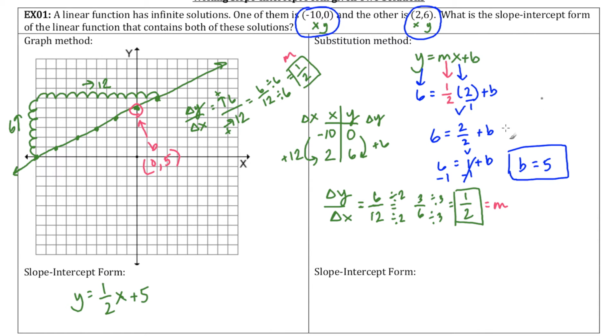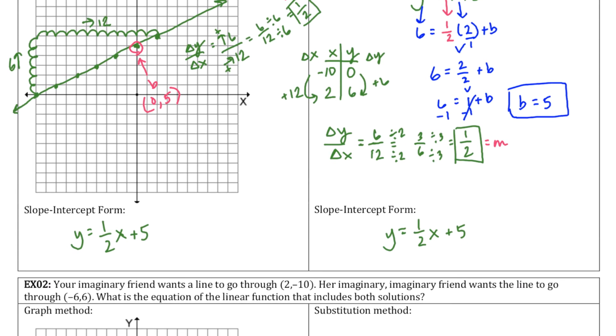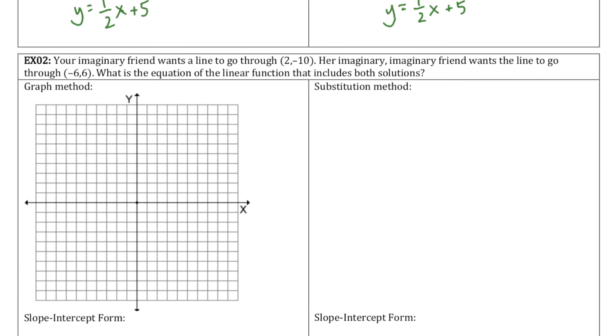So our equation ends up being y equals 1/2 x plus 5. Okay, so let's do that again. Let me correct this a little bit.